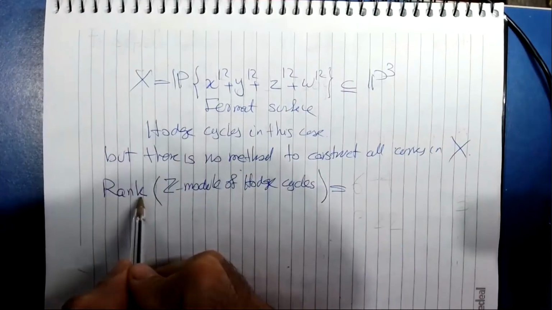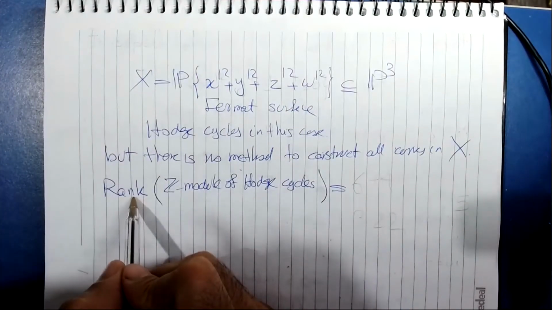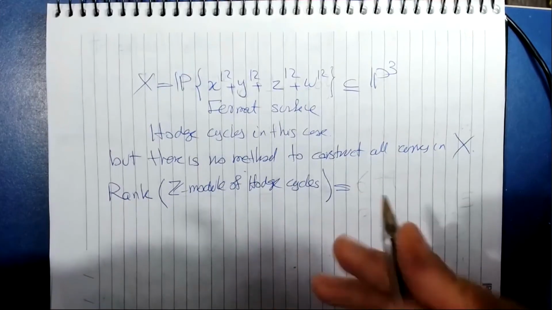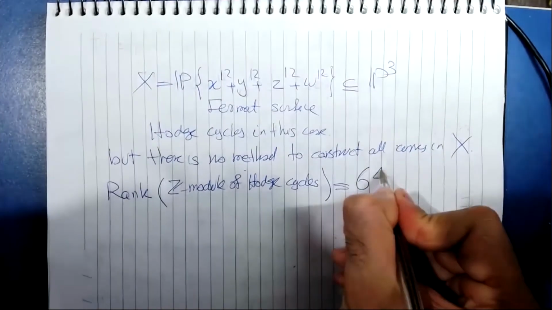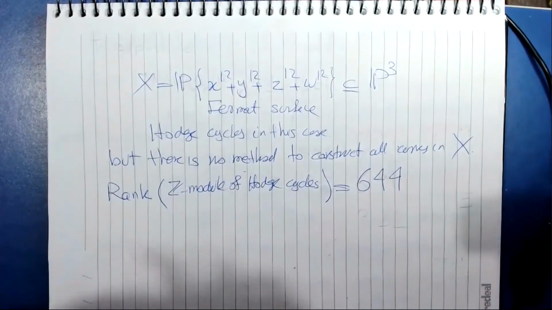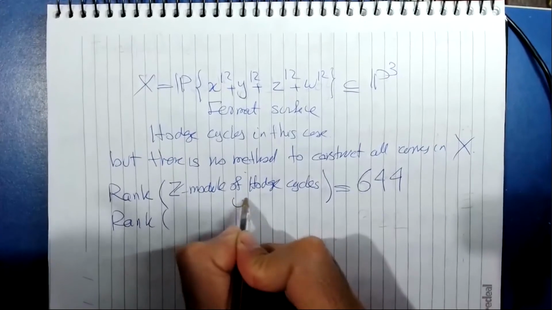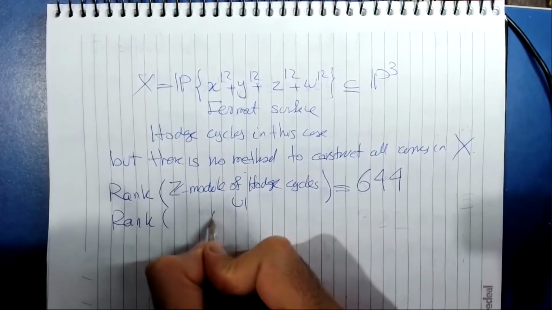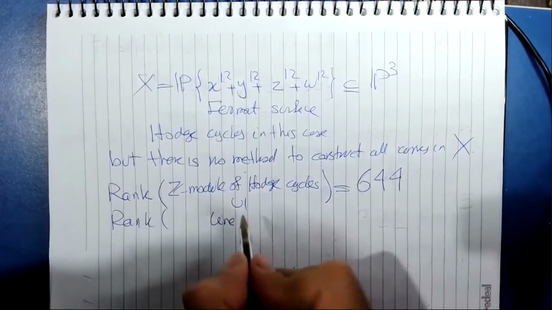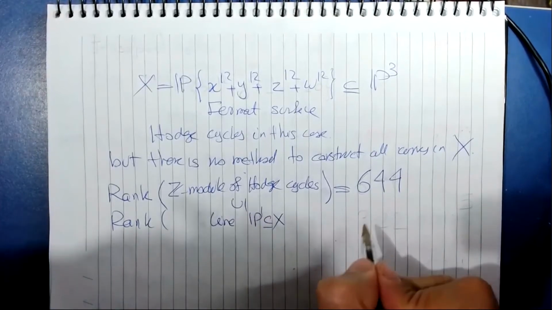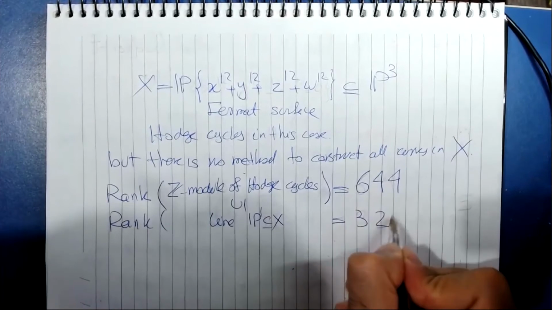So for this example, after a good amount of computation, we can prove that the rank of the Z-module of Hodge cycles is actually 644, but the rank of the submodule generated by lines P1 inside X is 322.